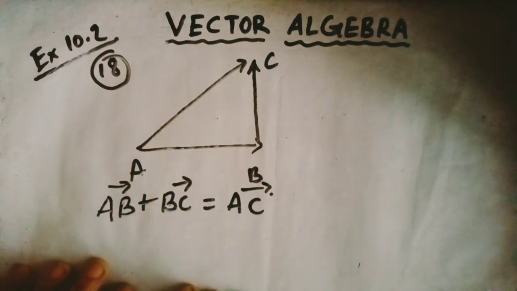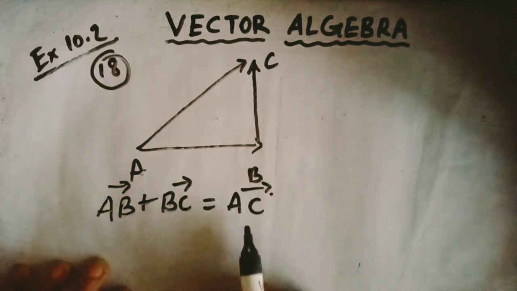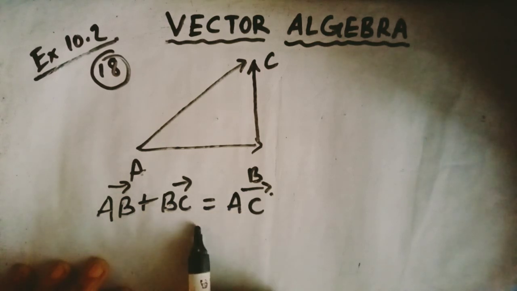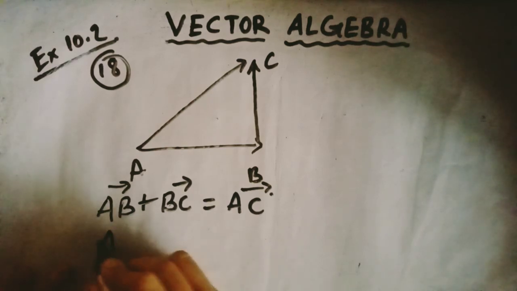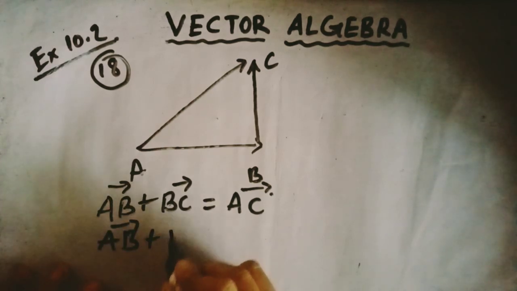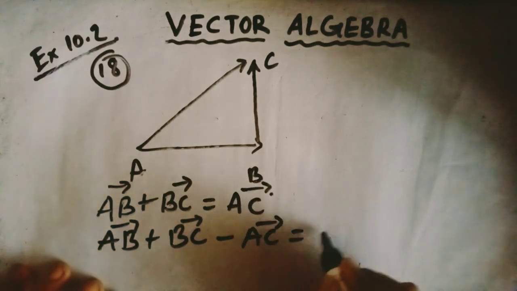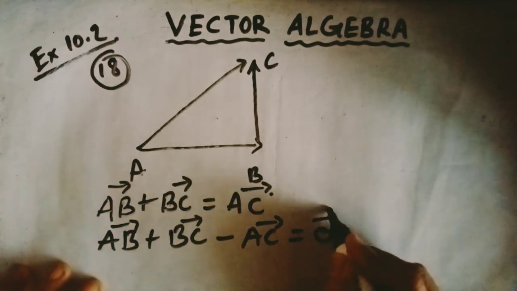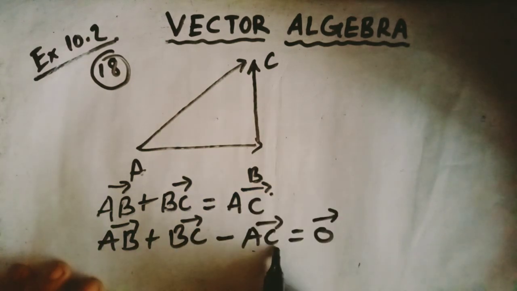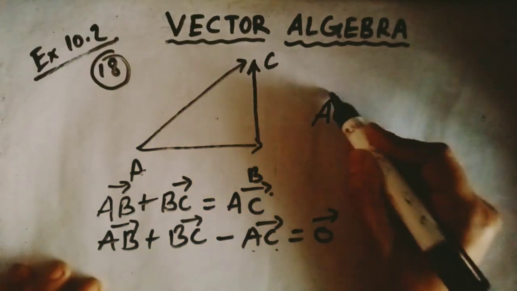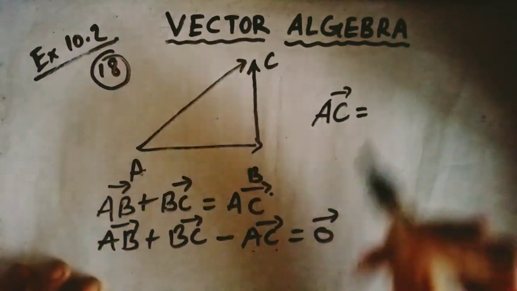If you take AC to this side, it is minus AC, so AB plus BC minus AC is the zero vector. Now AC vector is the negative of which vector?